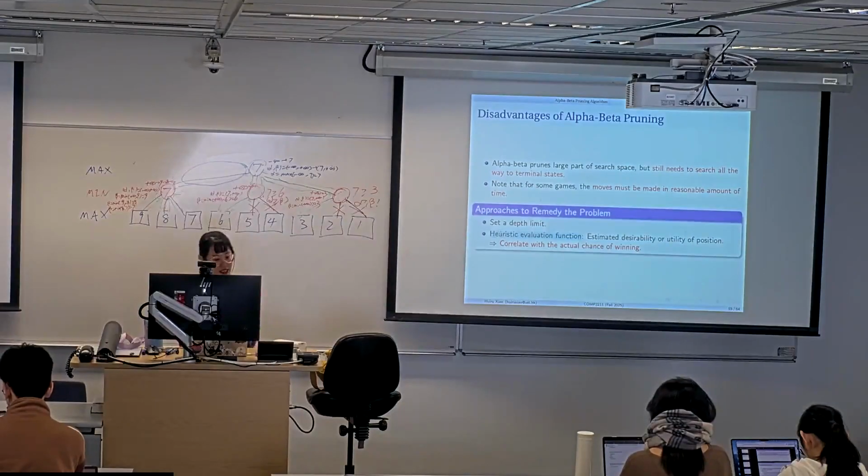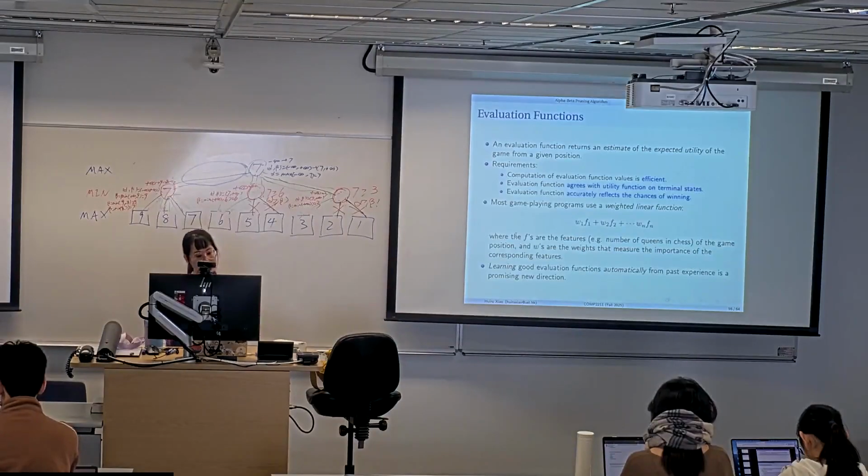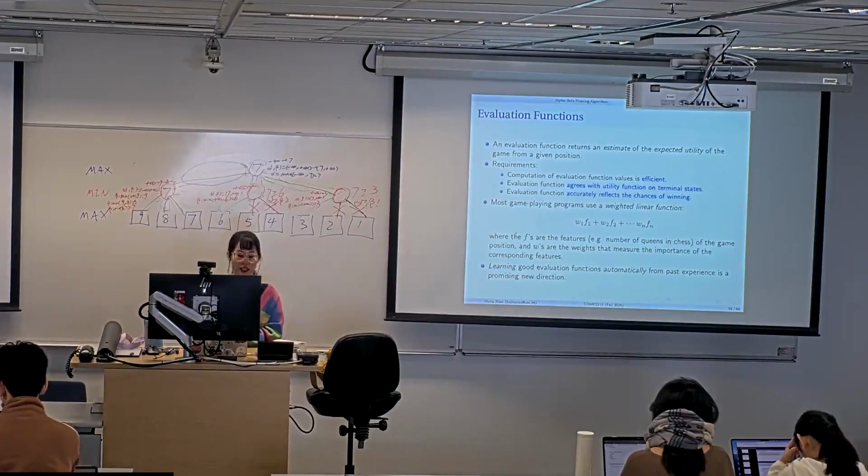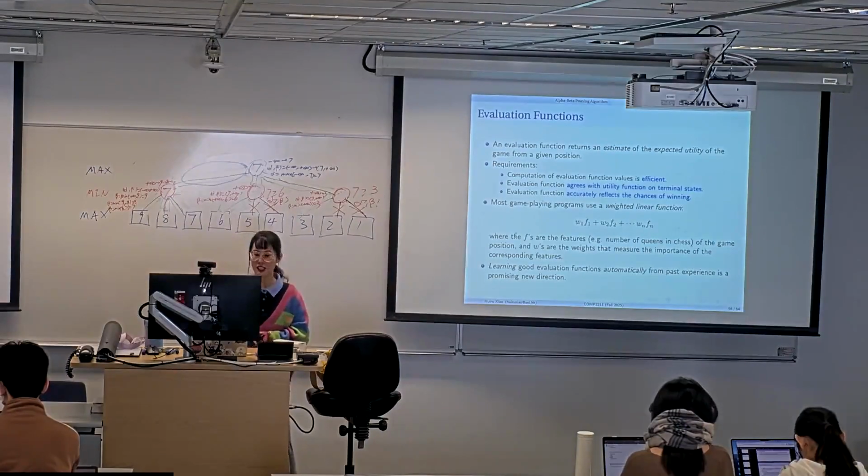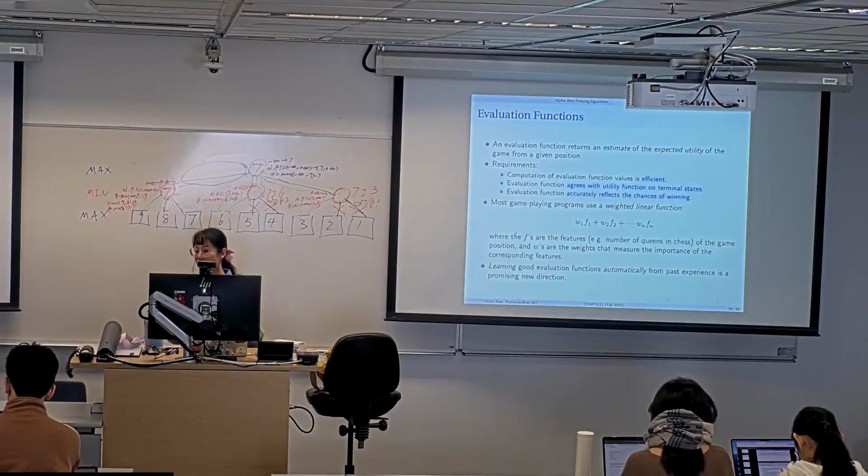Next, let's see what the heuristic evaluation function is and how we should design such an evaluation function. So here an evaluation function returns an estimate of the expected utility of the game from a given position. We do have some requirements to design a good evaluation function, right? You cannot just arbitrarily design an evaluation function, or the AI might play the game very badly.